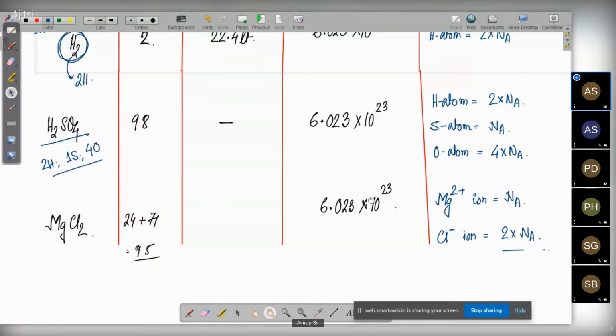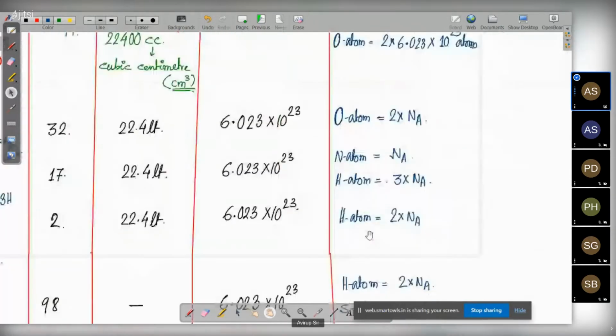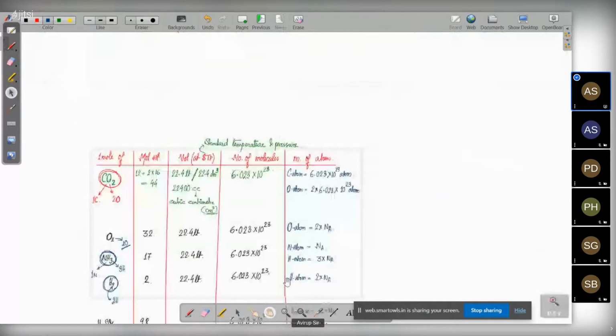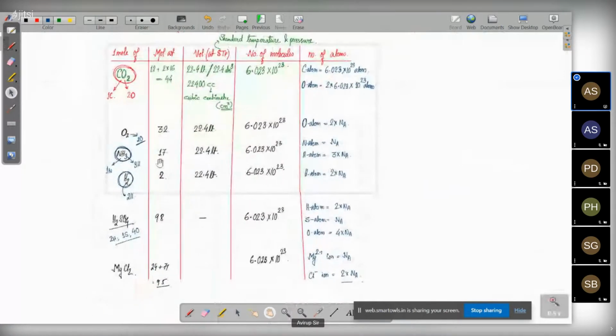Then let us see the next column of the table, that is the number of electrons.